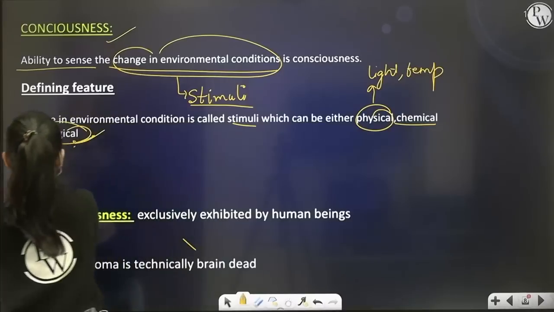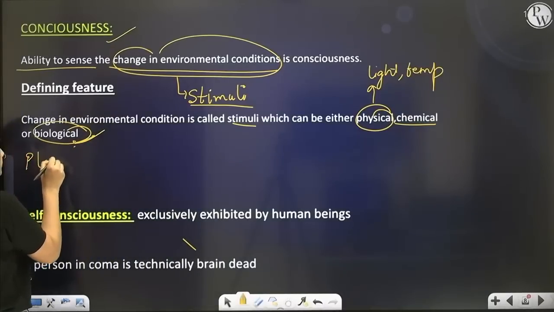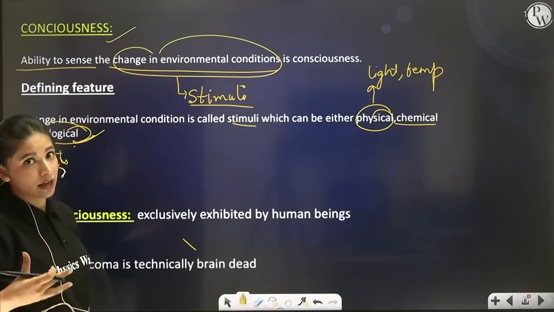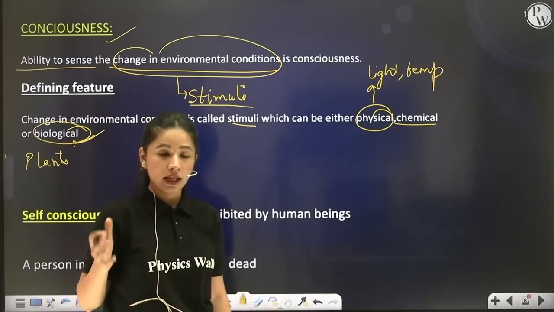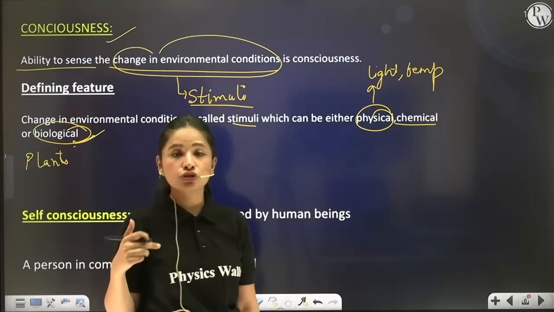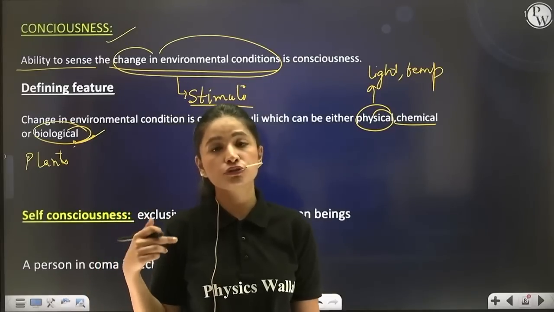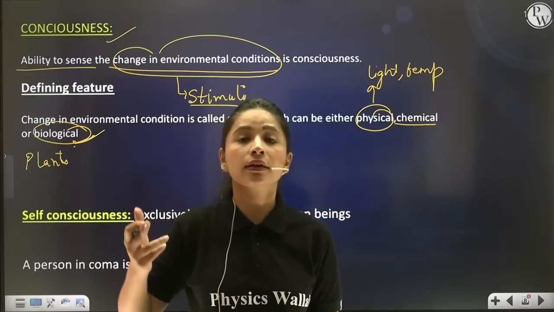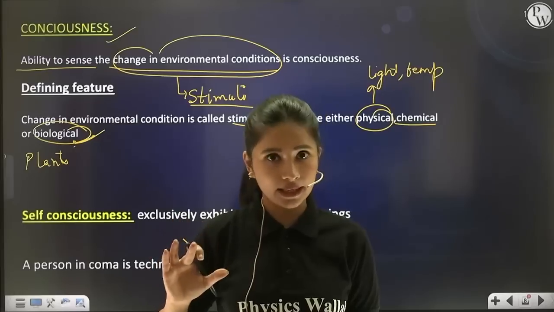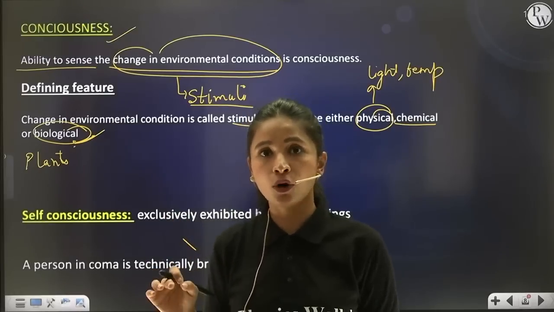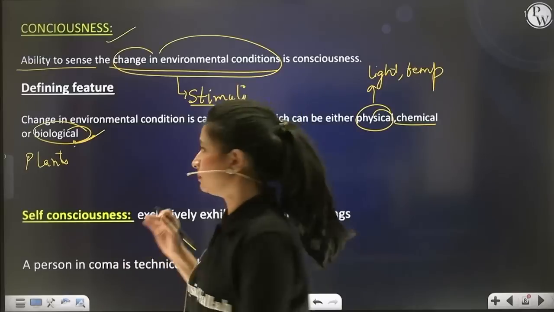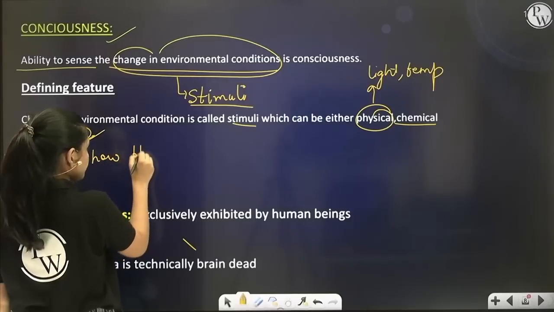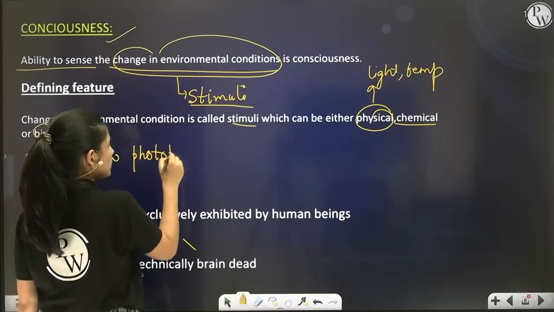See, plants as well as animals which are seasonal breeders show response to light, they show response to change in temperature conditions for their reproductive ability. Correct? You must have heard the term photoperiodism. Plants exhibit photoperiodism.